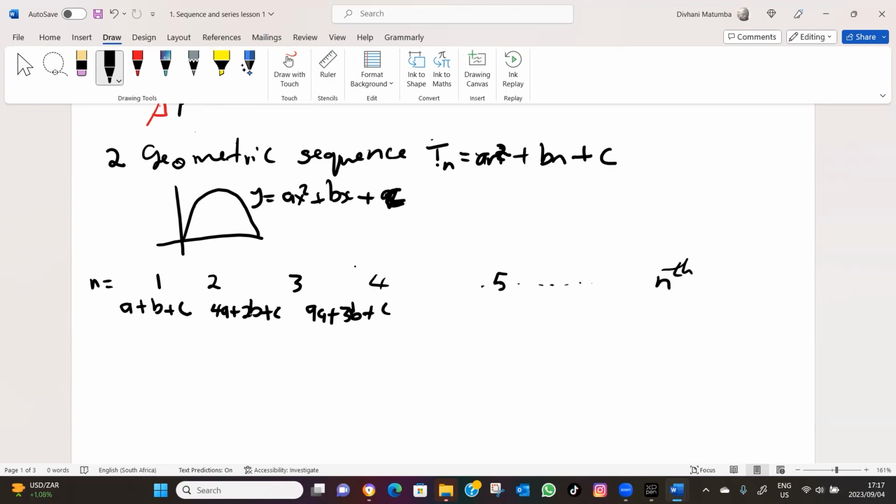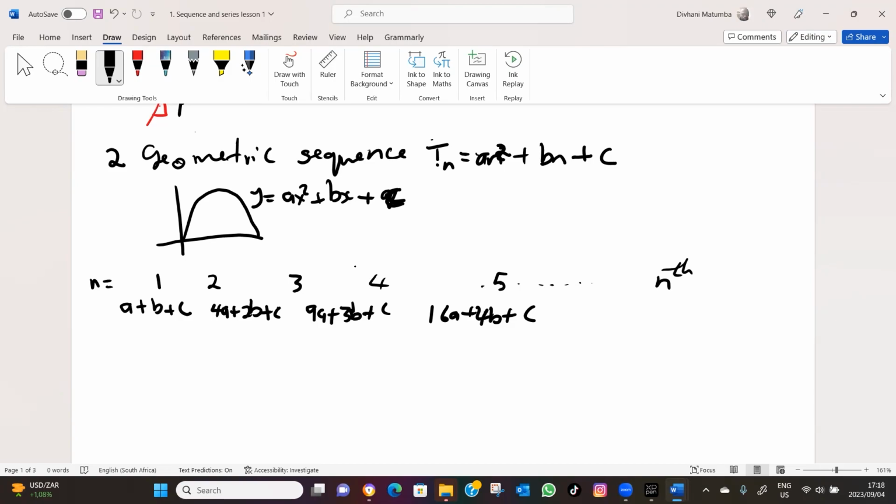And the fourth term, you will get 16a plus 4b plus c. For those who don't see where these values are coming from, if you substitute 1 into this equation, you will get this term. If you substitute 2 as the value of n into this equation, you will get that function right there. Same applies if you substitute 3 into the equation.